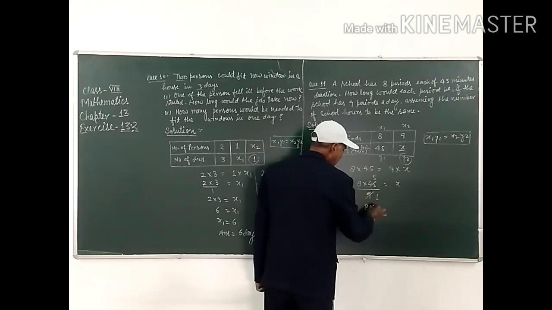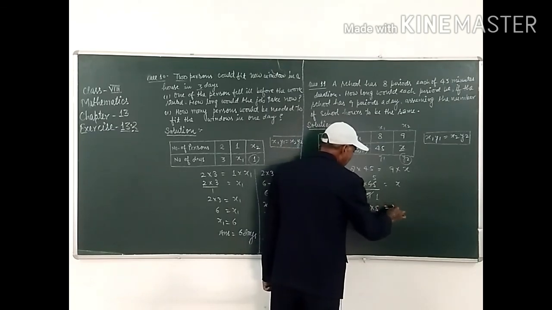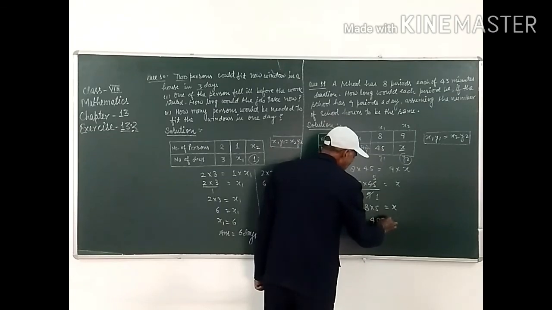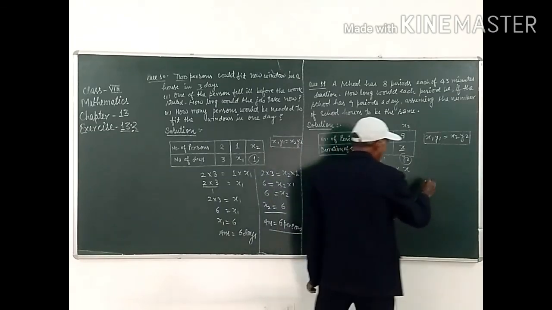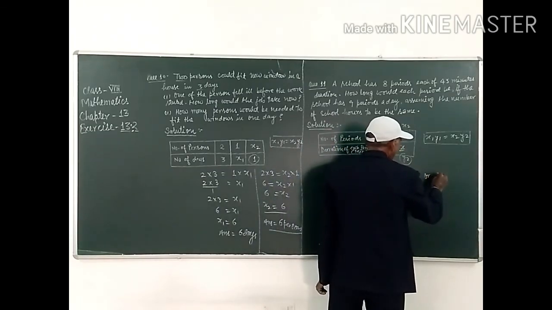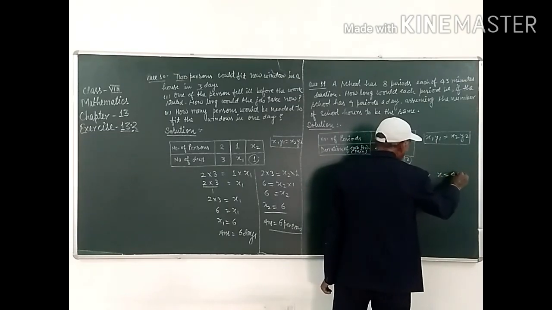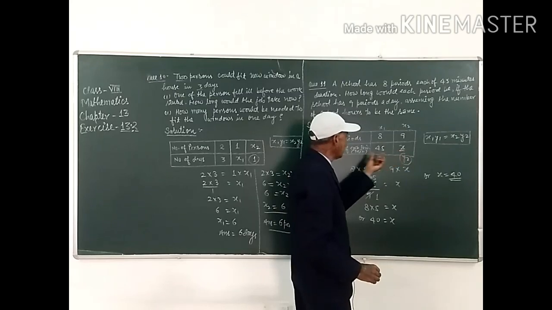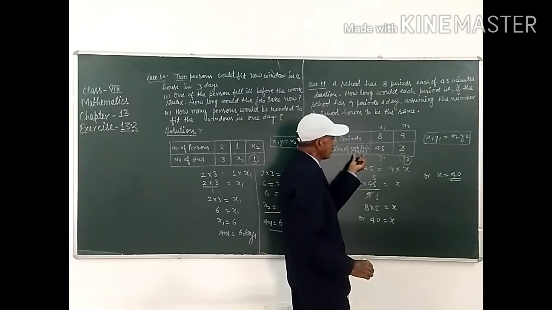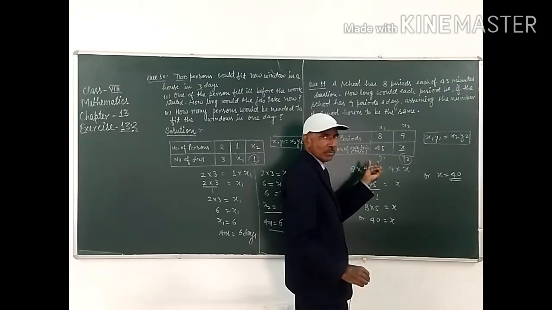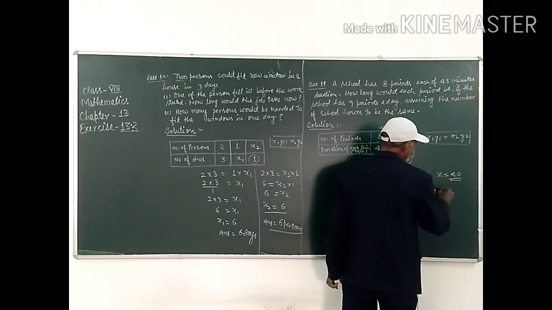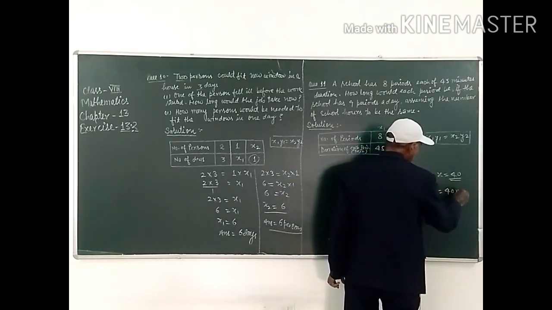This one is 8 into 5 is equal to x, or 40 is equal to x, or x is equal to 40. So the duration of each period is 40, students, and that is in minutes. So the duration of each period will be 40 minutes. So the answer will be 40 minutes.